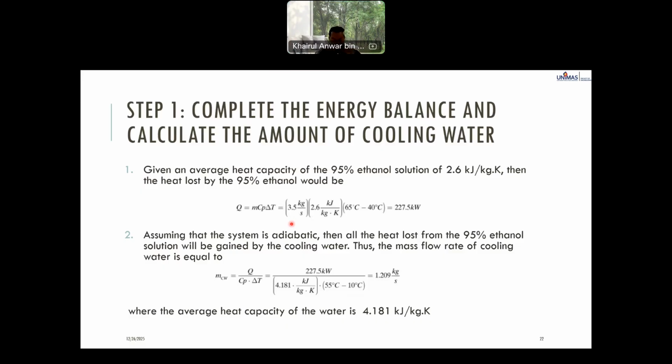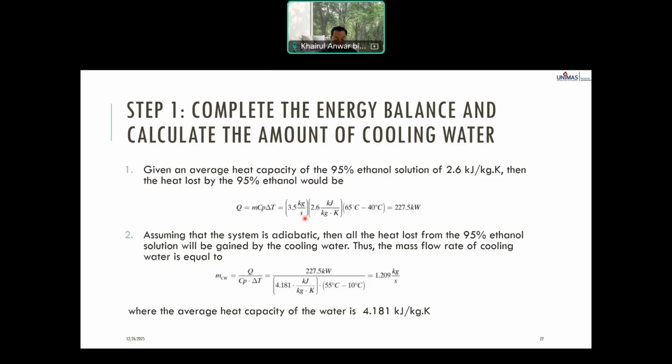The purpose of the heat exchanger is to cool the ethanol. So Q for ethanol is 2275.5 kW. Assuming the system is adiabatic, all the heat loss from the 95% ethanol solution will be gained by the cooling water.